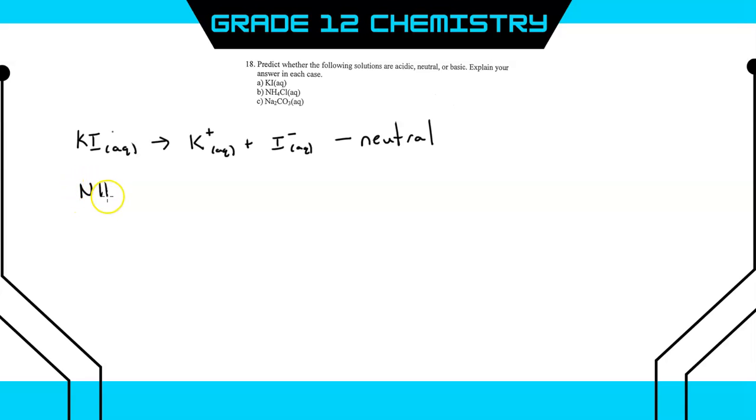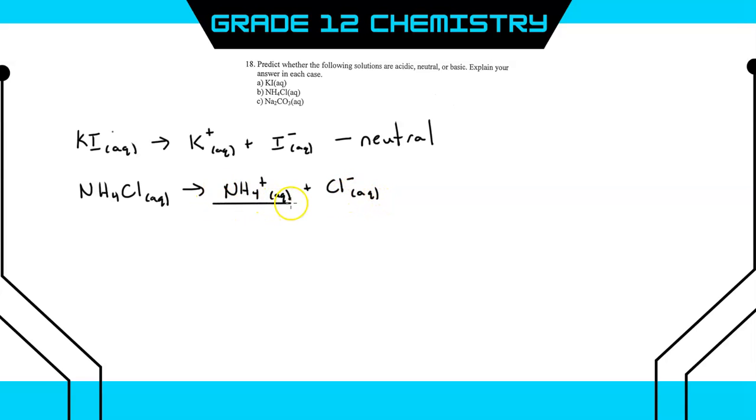So here we have NH4Cl. If we have that in water, let's first have it dissociate. So we're going to get ammonium ions, and we're going to get chloride ions.